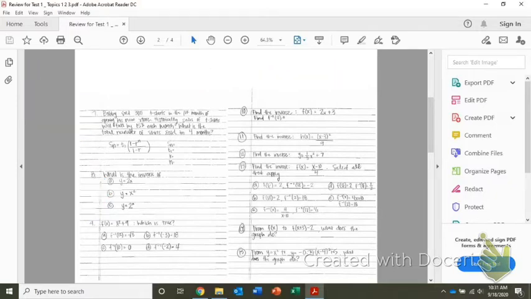All right, number 9 says f of x equals x squared plus 9. Which is true? If you look, all of your answer choices have this f inverse of something. So this tells you that you're going to have to first find the inverse before you do anything.